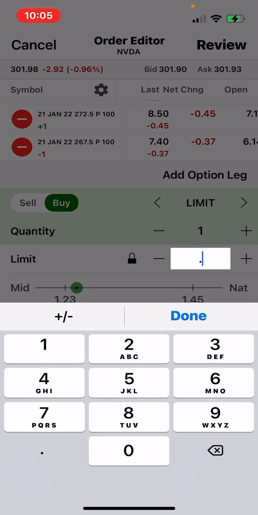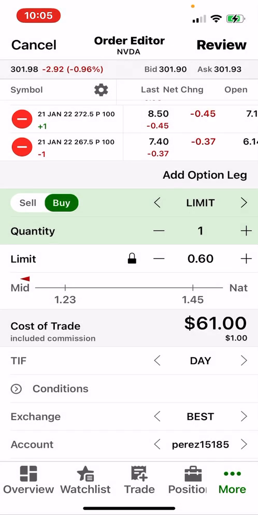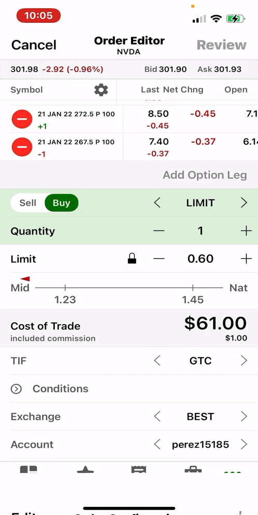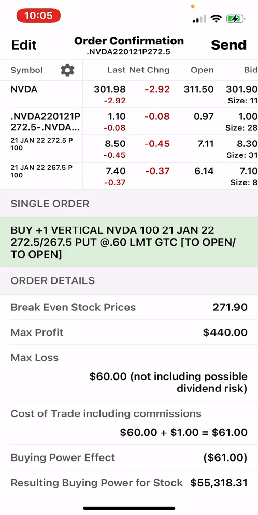So let's say I put it to buy it back for $60, which is a little bit less than half. 120 would be half, so half would be 60. 60 on a $500 investment is over 10%, because 10% will be $50, right? So I will put my order to buy it back at 60 cents, and we're going to change here to good till canceled, review, boom, and buy it back.